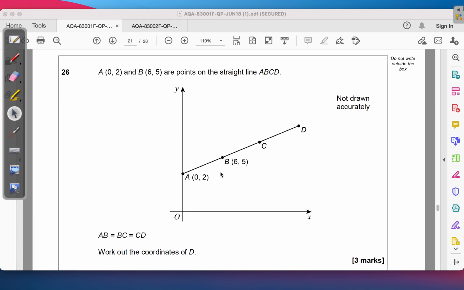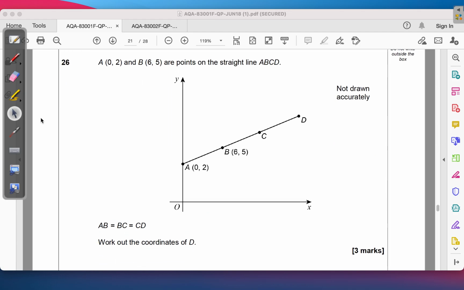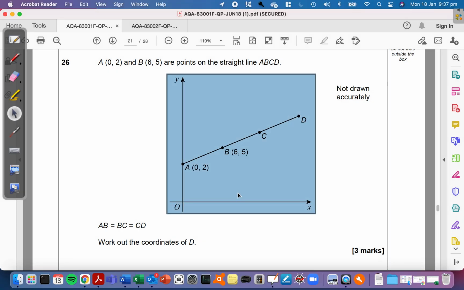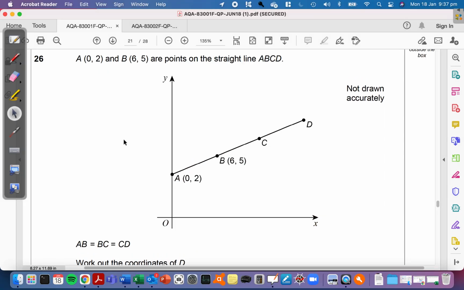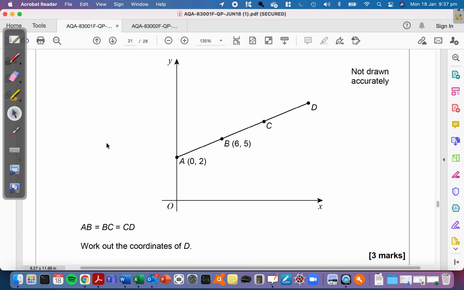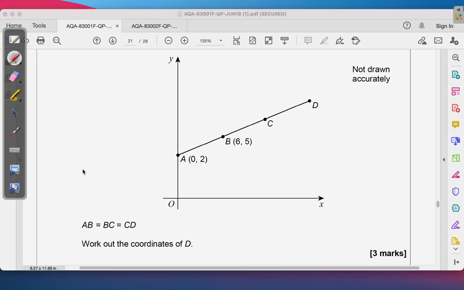A and B are points on the straight line A, B, C, D. Okay, now, what this is asking us, if I can zoom in slightly. So yeah, it gives us the points on there, doesn't it? So it's telling us that A to B, which is this distance here, is the same as the distance B to C, which is the same as the distance C to D. Okay.